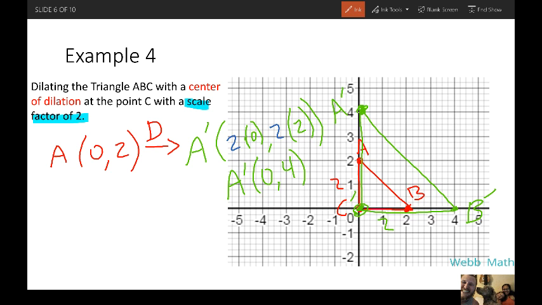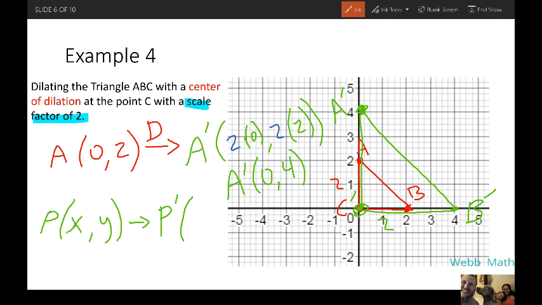So the rules, again, let me just write it here. You have a point, okay? You have an x, you have a y. When you dilate, we care about your scale factor. So your new point is going to be the scale factor. Let me use a different color.